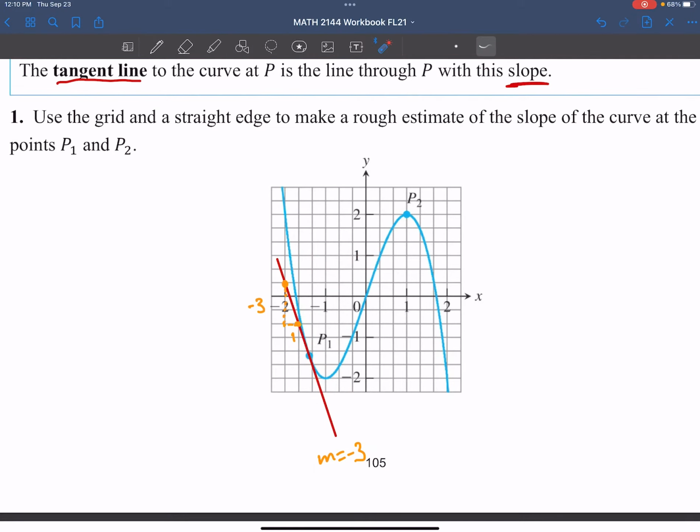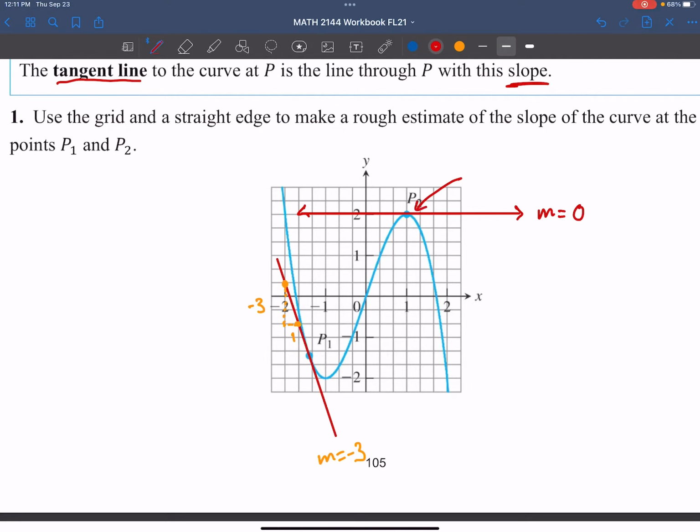Point 2 right here, if you consider the tangent line of this one, it's just going to be a horizontal line. We talked about this briefly back in chapter 2 as well. A horizontal line has a slope of what? 0. m is equal to 0.